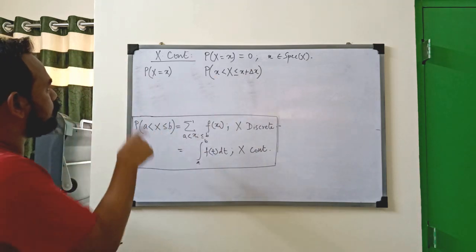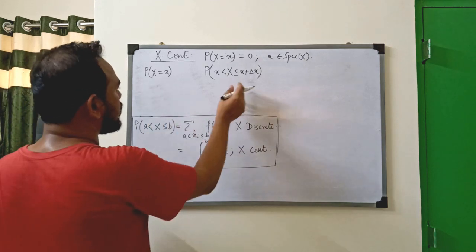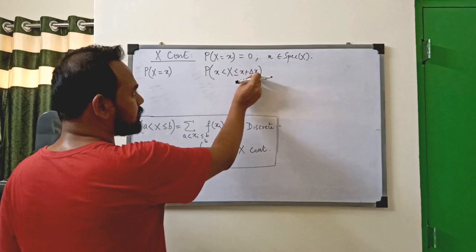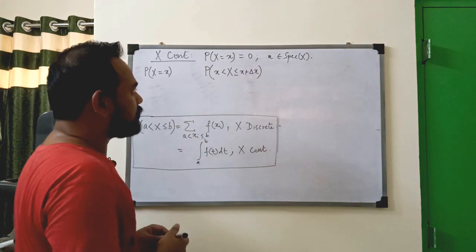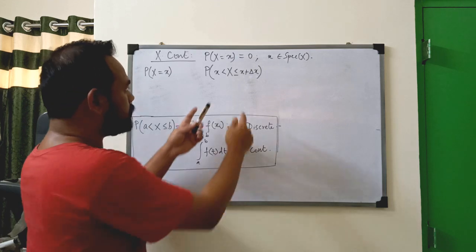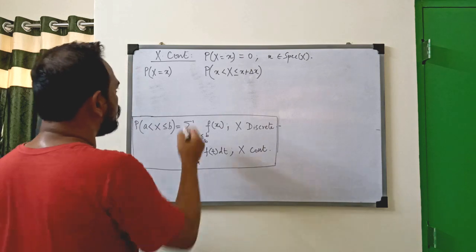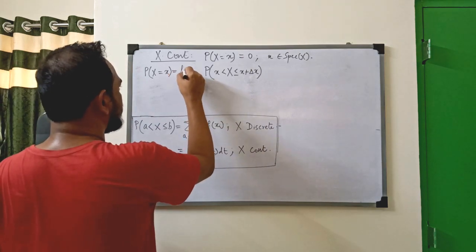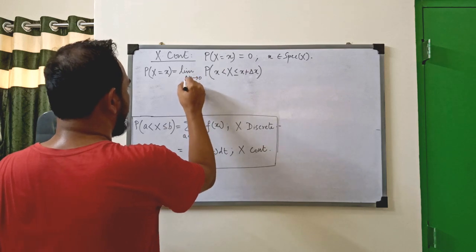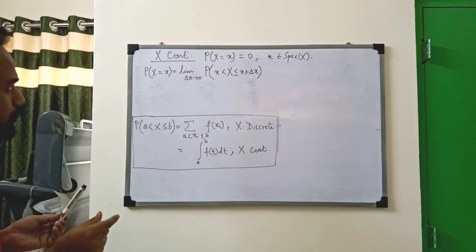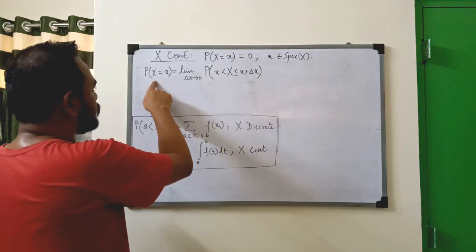And I know that to find this probability, if I take this small delta x, if I can take the increment as small as possible, then X becomes almost equal to small x. So basically what I'm doing is I'm looking for the limit as delta x goes to 0. As delta x, or the interval, goes to 0, I'm getting this result.